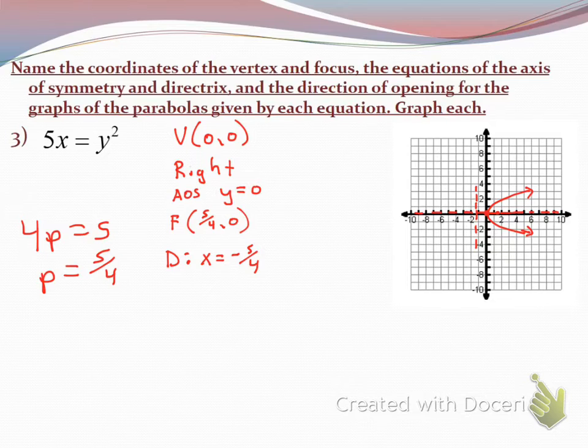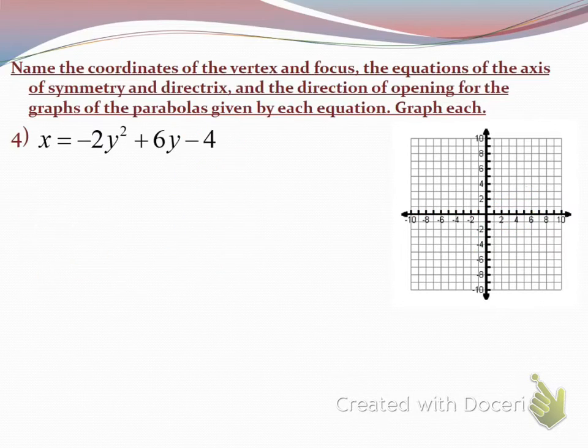Ask questions. All right, now this one, we do have to complete the square. We got a little bit of work here. All right, here we go. Coach me up. Dylan, what should I do first to this one if I'm going to complete the square? Add the 4 over. Okay, so I'm going to go x plus 4 plus blank.